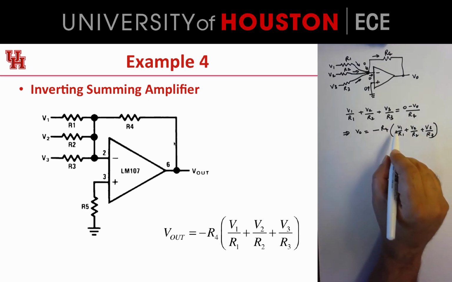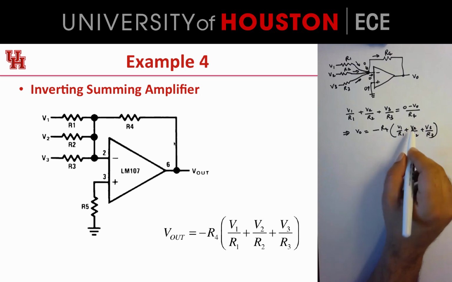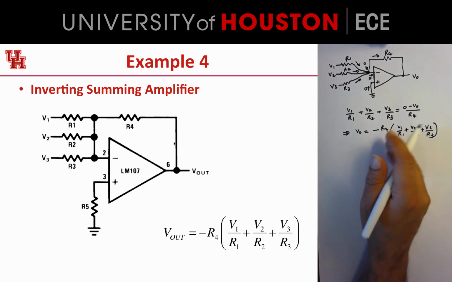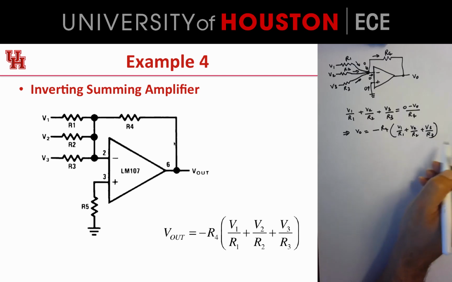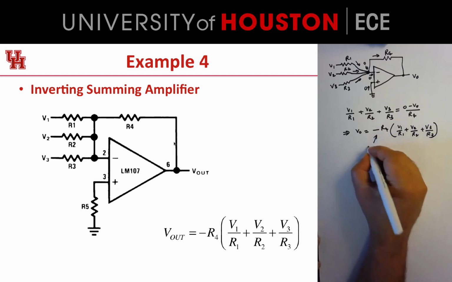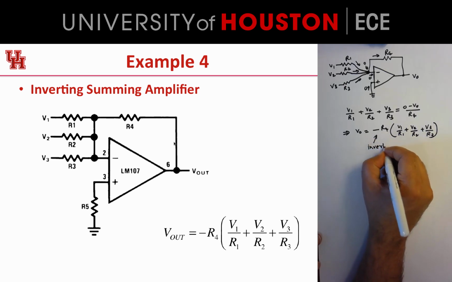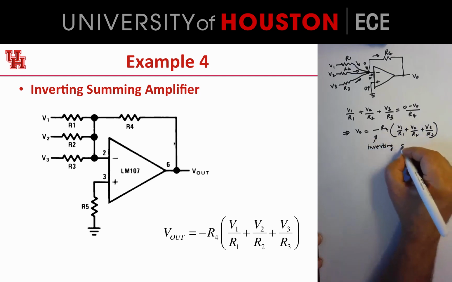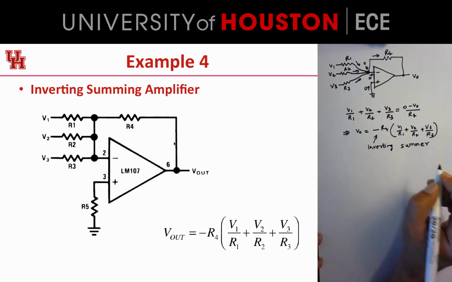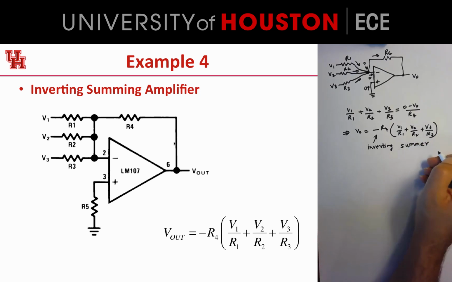So this is a nice way to calculate the sum of a bunch of currents, right? If I wanted to calculate a weighted sum, I can choose these resistors appropriately. But it's an inverting sum, so it's an inverting summing amplifier, or an adder, basically an inverting adder.